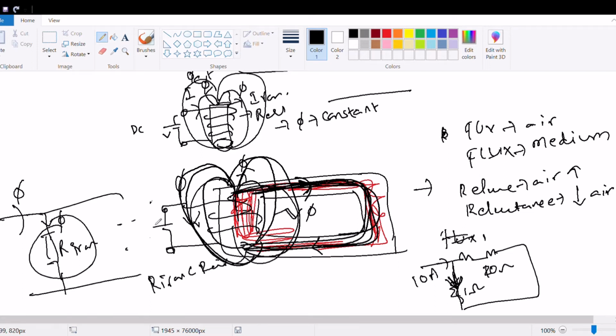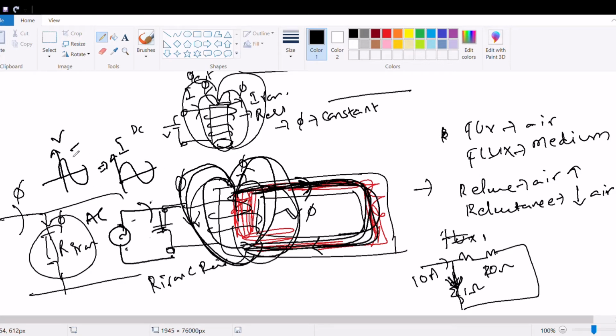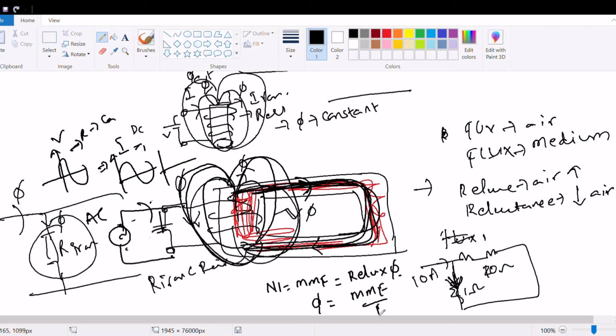So now this is the DC case. If you give an AC voltage, which is alternating, it produces an alternating current because the winding has a constant resistance R. It also produces a flux. We know that MMF is Ni, and flux is equal to MMF divided by reluctance.